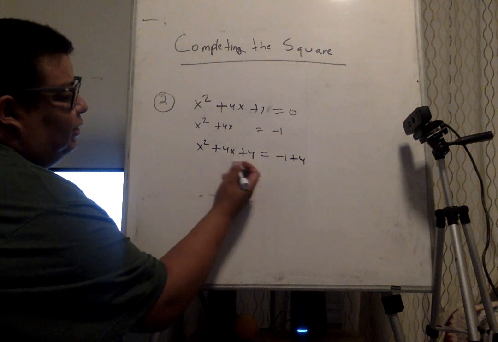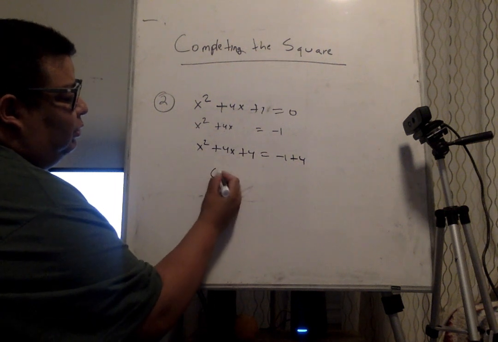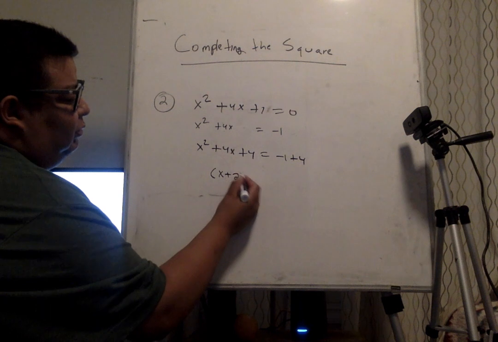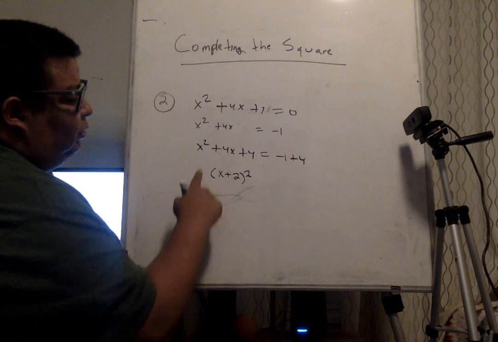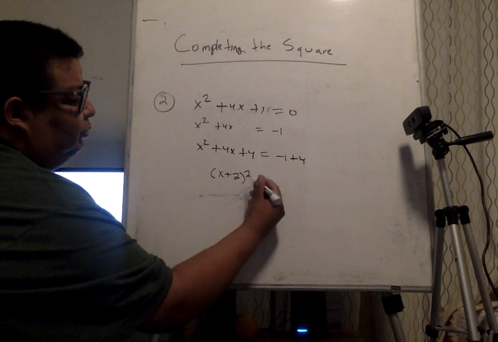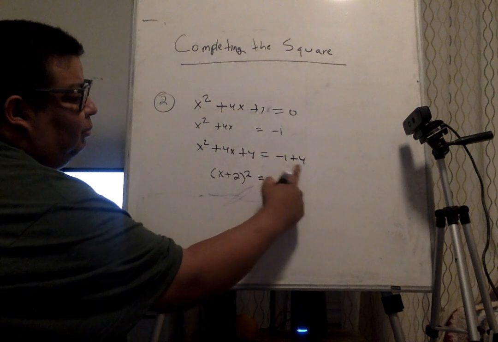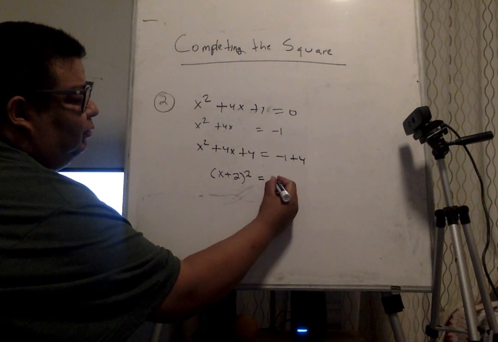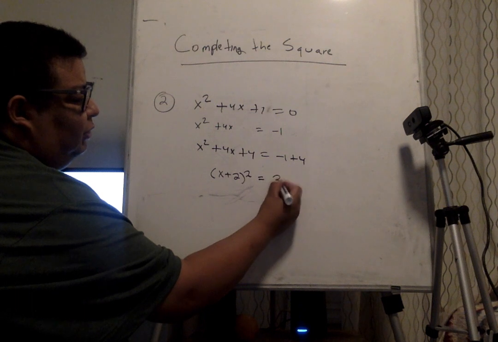So remember, the left side is a perfect square, so we're going to do x plus 2 squared. You're just factoring this, and then the right side will become negative 1 plus 4, which is positive 3.